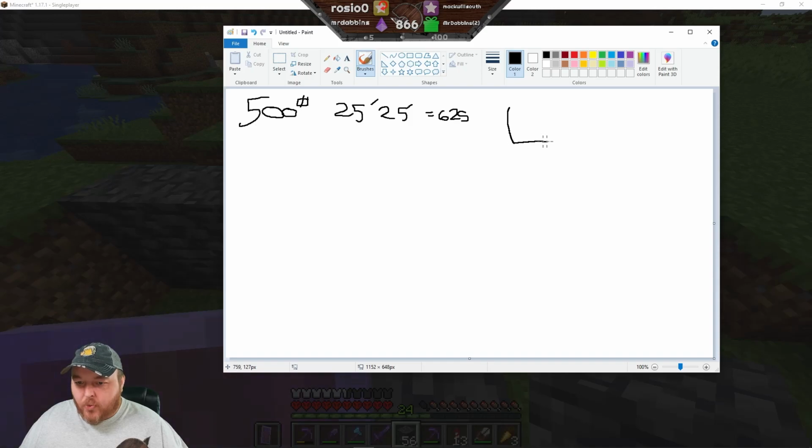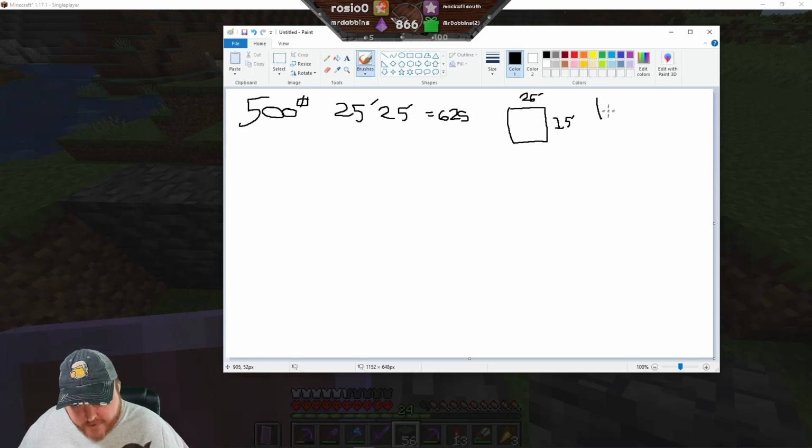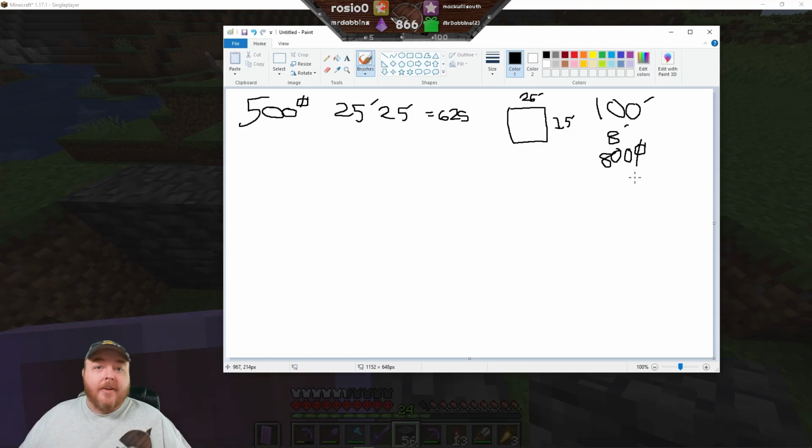So you picture a square, it's 25 feet by 25 feet. Now you have 100 feet of walls, right? 100 feet of walls at 8 feet high, and that's 800 square feet of paint, all right? If you figure 300 square feet of paint per gallon, that's 3 gallons of paint.